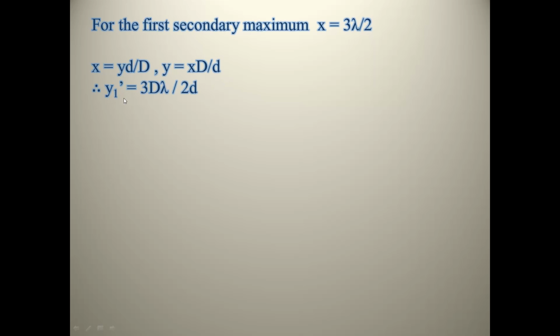For the first maximum, y1 dash is equal to 3 D lambda by 2d. But x is equal to theta into d, or theta is equal to x by d. So the angular position of the first secondary maximum, theta 1 dash, is equal to 3 lambda by 2d.